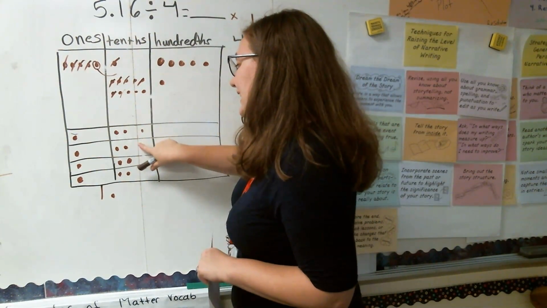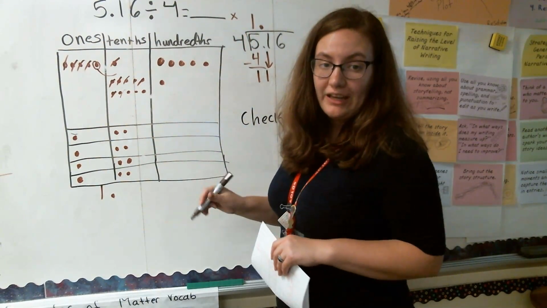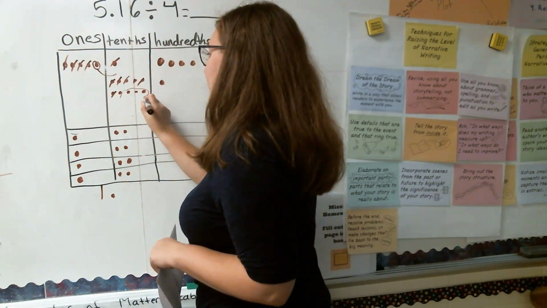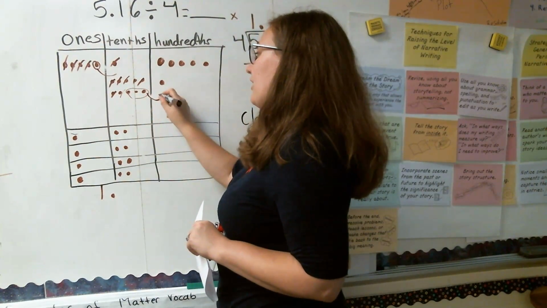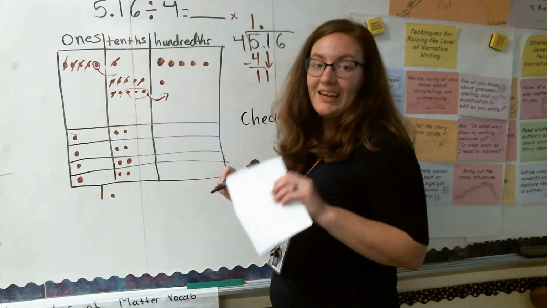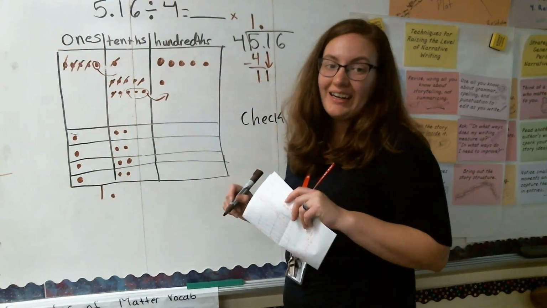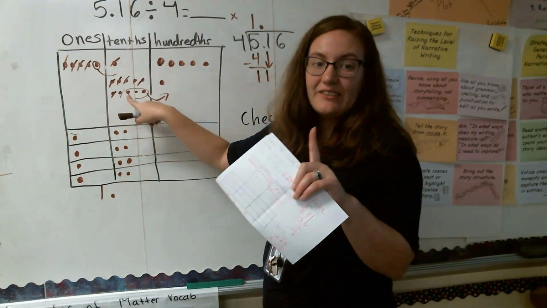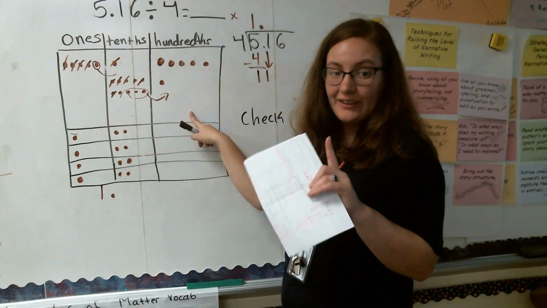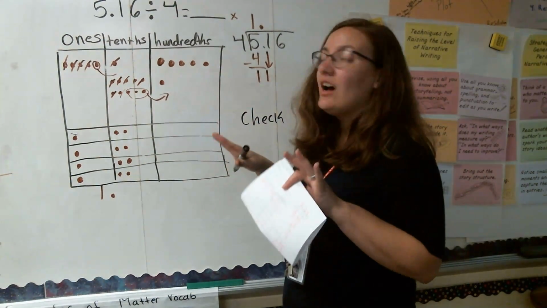So since I can't evenly move them, I'm going to circle all of these, and all of these dots are going to move over to my 100th place. Now it's going to be a lot of work that we're going to have to do right here, because remember, each of these dots, if it moves over to a smaller place value, it becomes 10 dots.